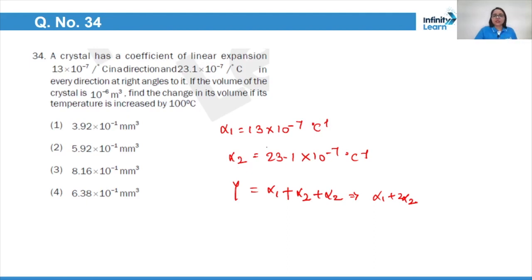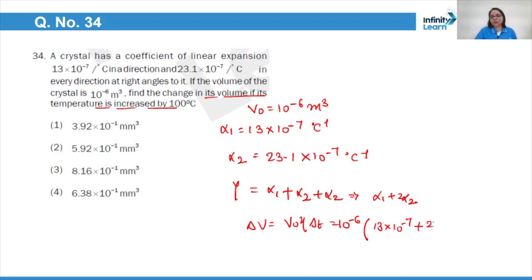If the volume of the crystal is 10 power minus 6 meter cube, find the change in its volume if its temperature is increased by 100 degrees Celsius. So delta V is equal to V naught gamma delta T. V naught is 10 power minus 6. Gamma is alpha 1 plus 2 alpha 2, so it is 13 into 10 power minus 7 plus 2 times 23.1 into 10 power minus 7, into delta T which is 100. Right. So if you solve this, you'll get the change in volume as 3.92 into 10 power minus 1 millimeter cube, which is option 1.